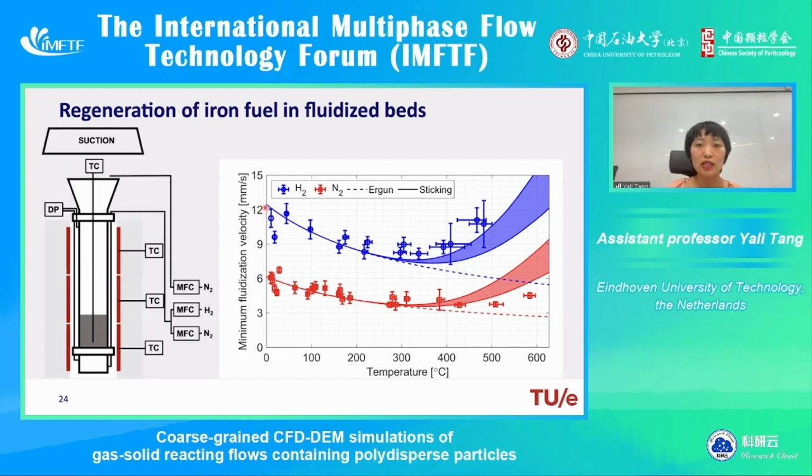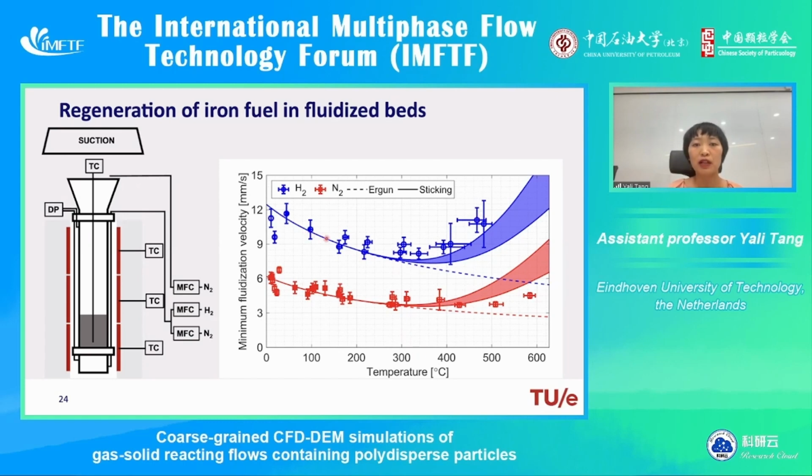As you can see, the minimum fluidization velocity first decreases with increasing temperature. This is basically due to the gas property changes as a function of temperature. However, above around 300 degrees C, the U_mf actually increases with temperature.